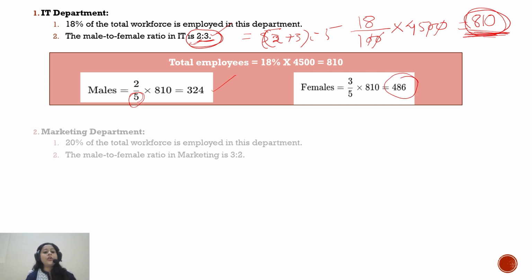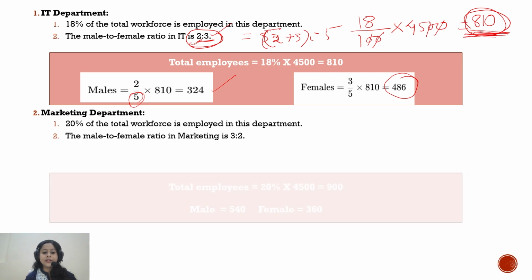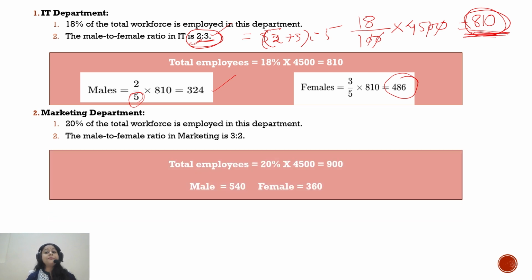Same we will do for all the departments. For marketing department, it is 20% of total employees. So again 20 by 100 into 4500 will give you 900 total workforce in the marketing department. And using the same formula, the ratio is 3:2, so again the sum of ratio is 5.